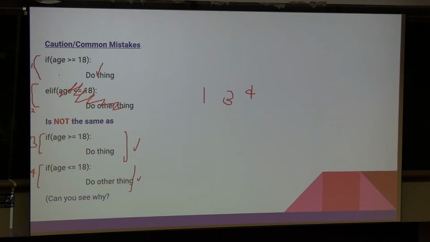Go ahead. But in the matter of returning, the fourth one is going to be returned. You mean if all these four were in the same Python script? Yeah. If all of them were in the same script, we're going to check from the top, right? So we'll check if age is bigger than or equal to 18, and if there is a return statement, we'll exit from number 1.